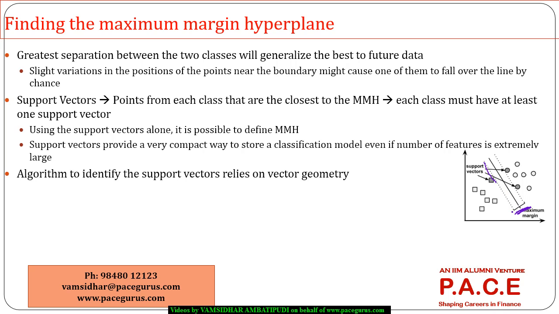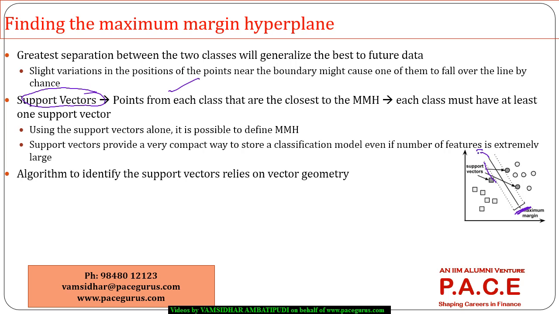These borders are typically called support vectors. Between the two groups I am identifying support vectors, the points from each class that are closest to the maximum margin hyperplane.